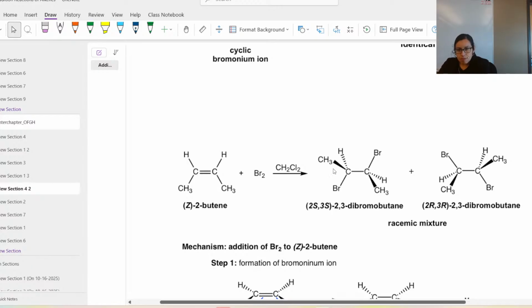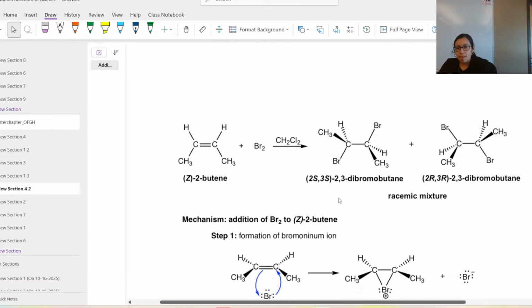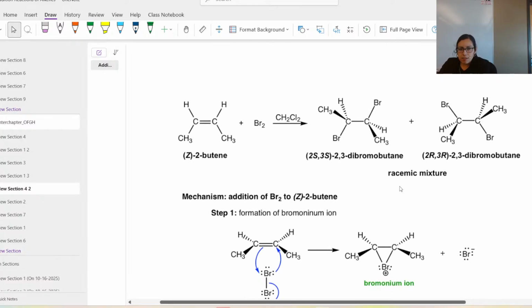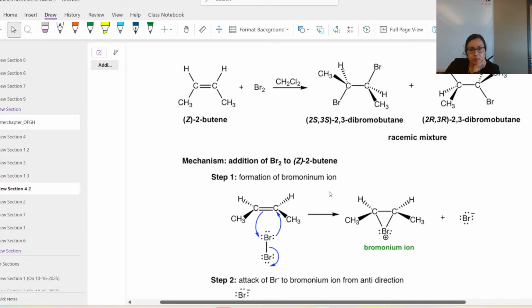And so now we have two different products just because of the stereochemistry of our starting material. So we're not going to test in this detail probably. That's not my intention, but we're still just learning, being exposed to these reactions, and starting to see the importance of thinking in 3D.